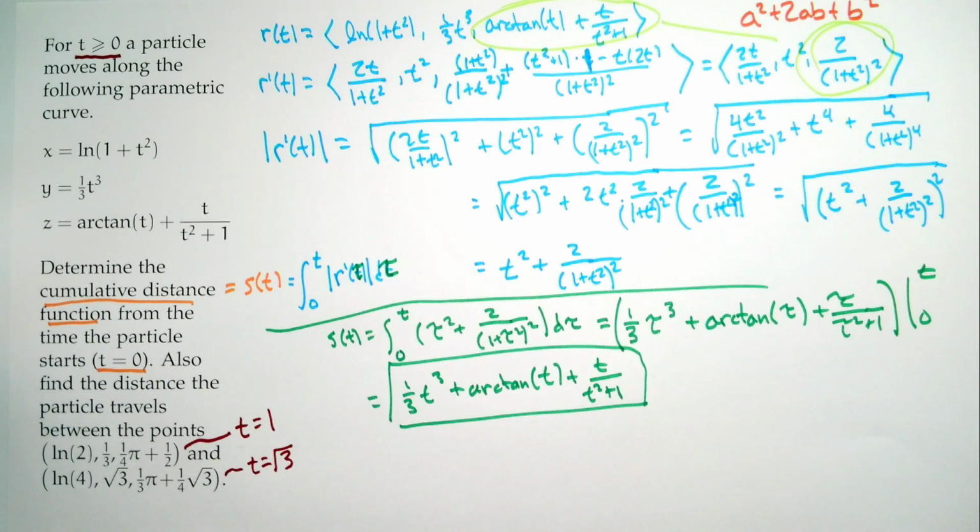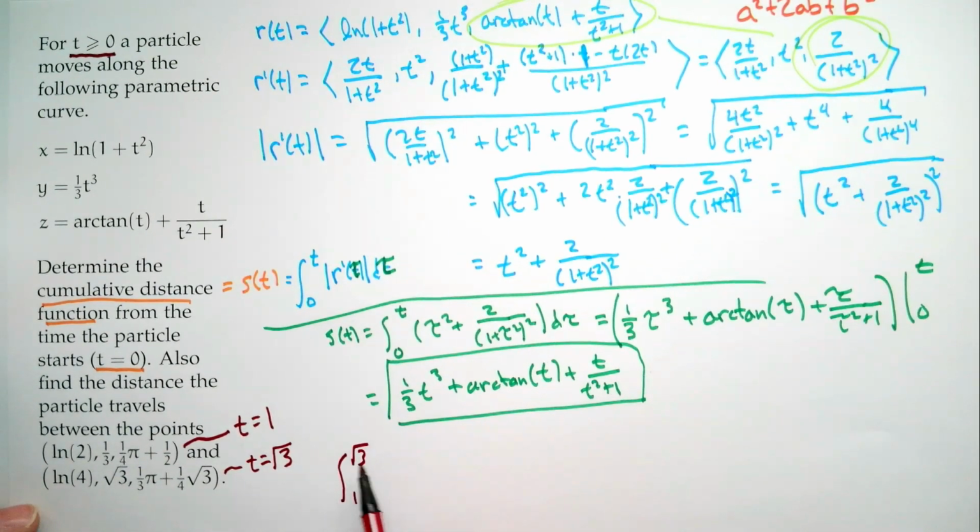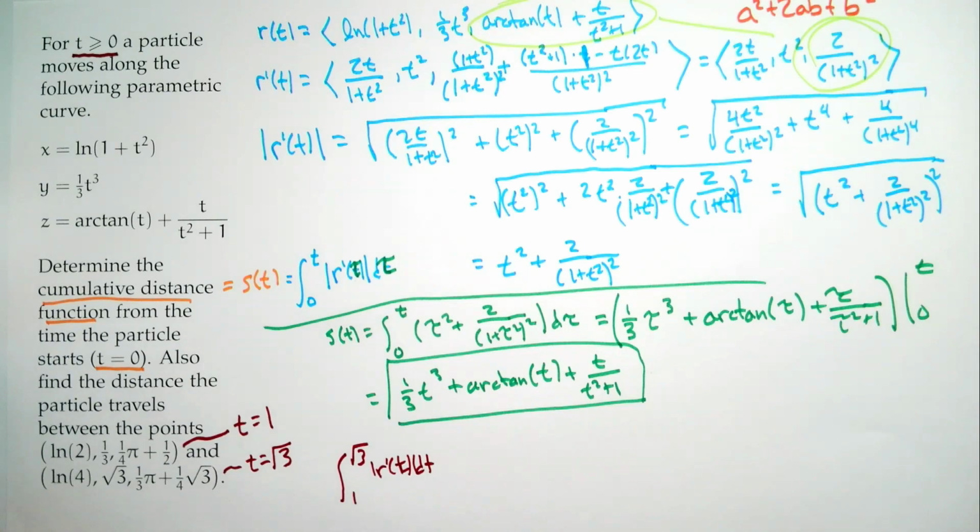Okay, so one way we could find the answer is we could integrate from 1 to root 3 of the magnitude of r prime of t dt. And then I'd have to do the work again. But I don't have to do the work again, because I want to find the distance between the two points.